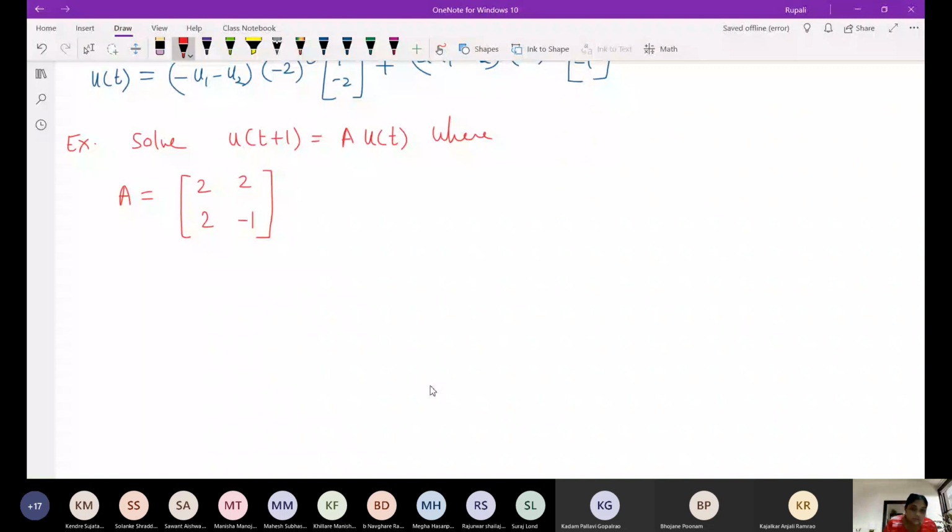Already you have found the eigenvalues and eigenvectors of this matrix. Yes, ma'am. So are they distinct? What are the eigenvalues? Minus 2, 3. So you can use this method to find the solution.